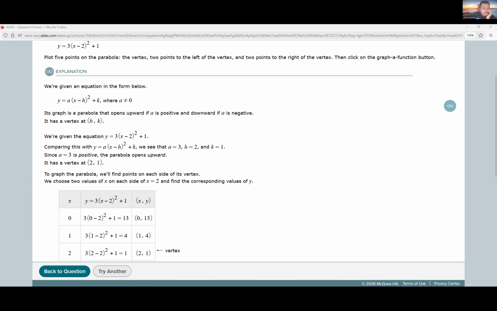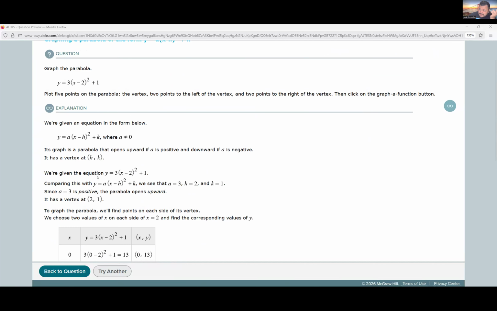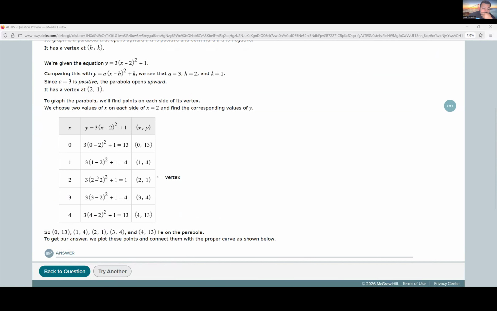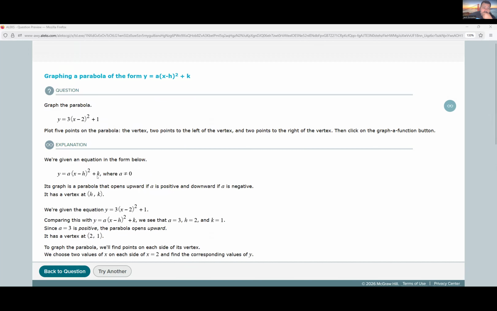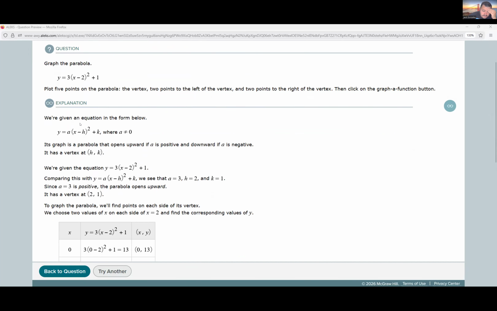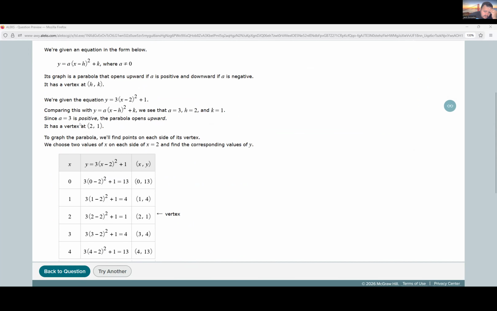Now, finding the vertex in 1 point is usually enough for the grapher, but they want us to do 5 points. So I'm like, okay, well, do you pick any number you want? It doesn't matter. Just we can't pick anything too big. So the idea is pick 2 points around the vertex. That way it doesn't get too away from the graph.